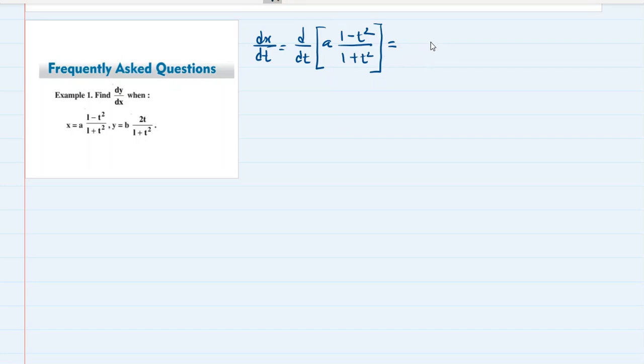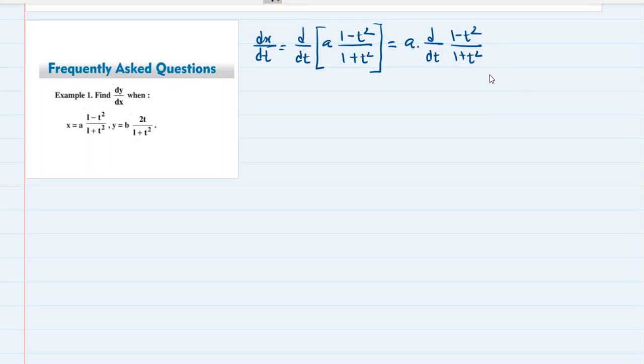What will this give me? Now see, a being constant will come out of the bracket, and then we'll have d by dt of 1 minus t square upon 1 plus t square.